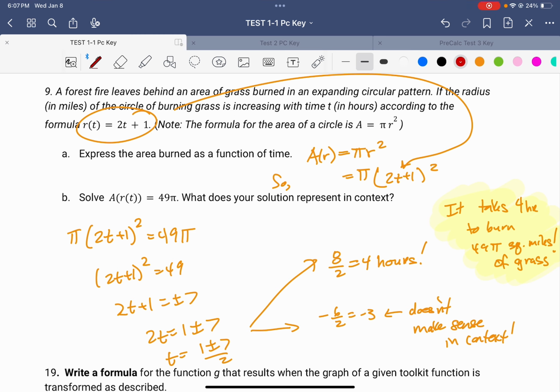So if r is equal to 2t plus 1, then what I can do if I want to express the area burned as a function of time is just plug the 2t plus 1 in for r, and so you get pi times 2t plus 1 squared.